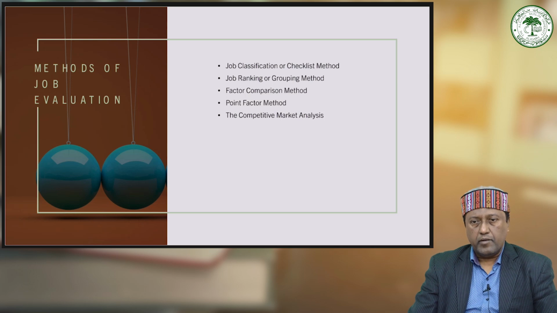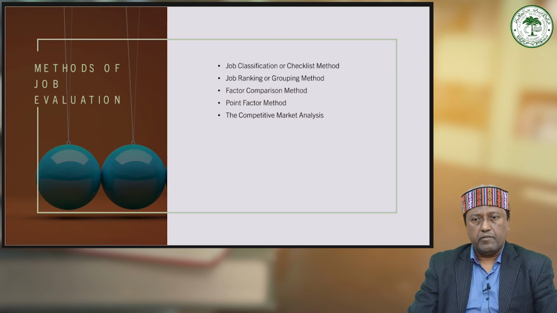The third important method is the factor comparison method. This is a job evaluation approach that assesses and assigns monetary values to different jobs based on specific factors considered essential for each job. And here's an overview of how the factor comparison method typically works. Number one, identification of essential factors.